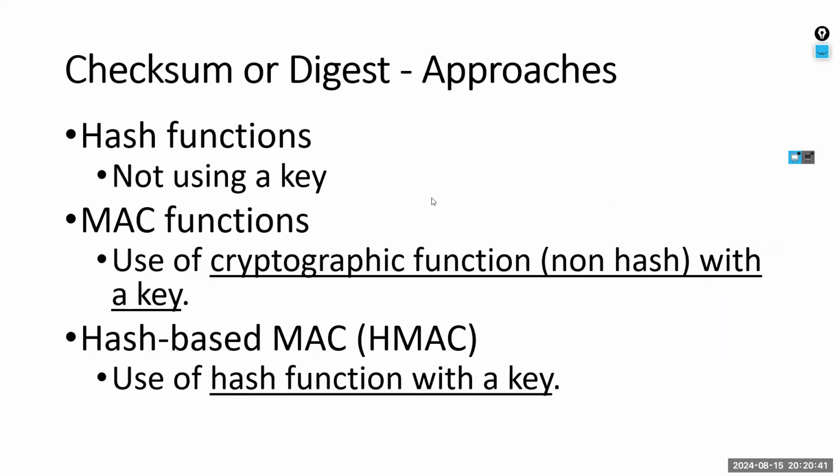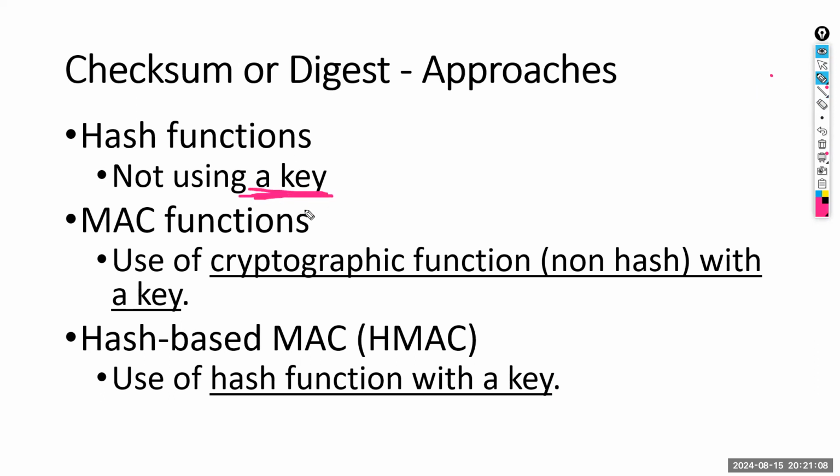Right. So what are the approaches to generate these checksums or digest? There are three approaches. What are those three approaches? Use of hash functions, use of MAC functions, and of course, use of HMAC functions or hash-based MAC. If it is hash function, we don't use a key.